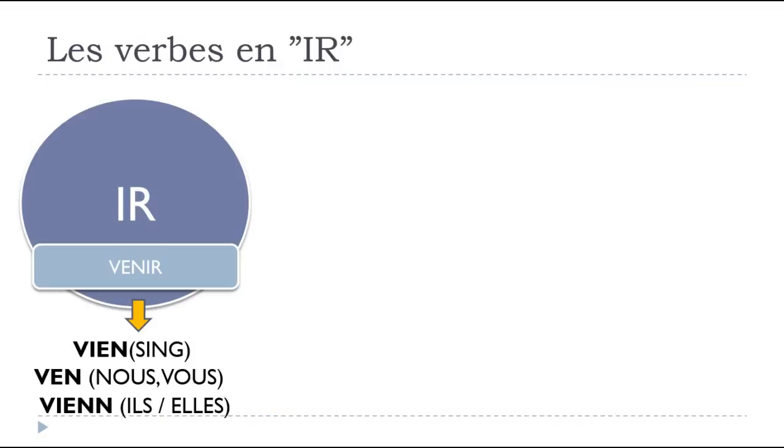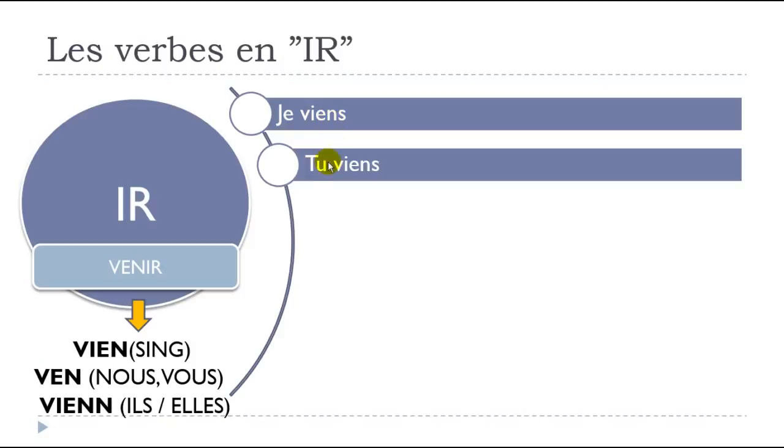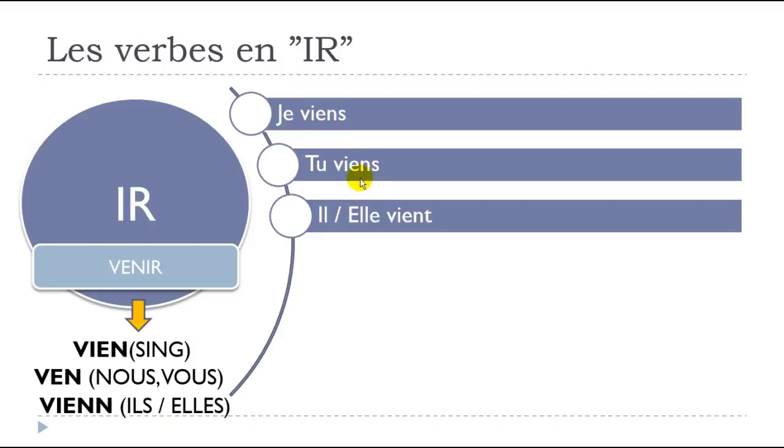So let's see how it goes. Je viens, tu viens, il vient, elle vient. Okay, so we do agree that we respect the rule: you take this VIEN and then you put it right here, and after that you put the ending. Then think about what we saw, nous and vous: we should use this VEN stem.